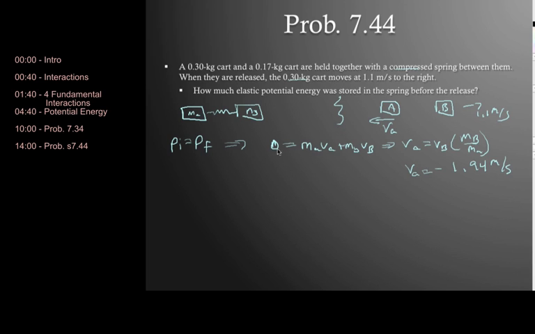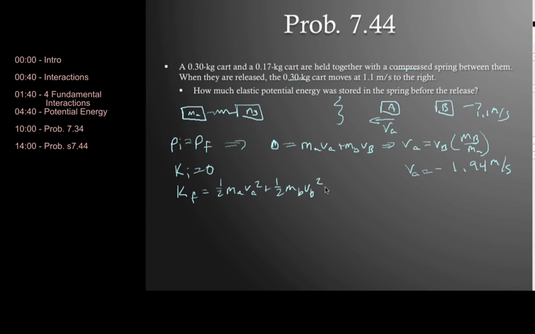Initially, though, I had nothing moving, and so my kinetic energy initially was 0. After I release these two, I have some kinetic energy. That's 1/2 m_A v_A squared plus 1/2 m_B v_B squared.